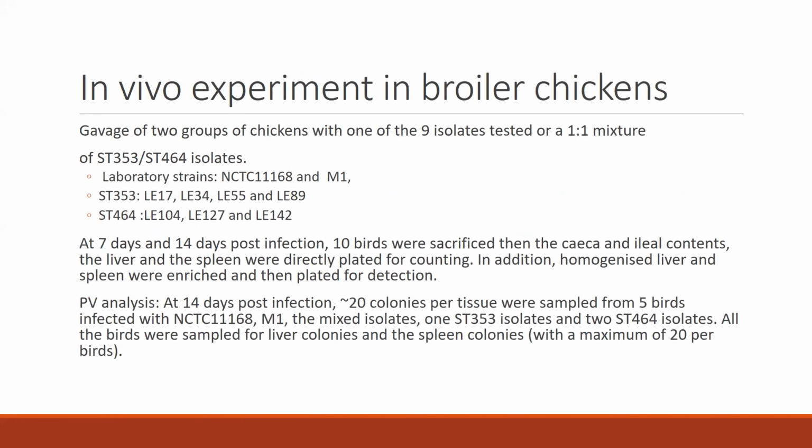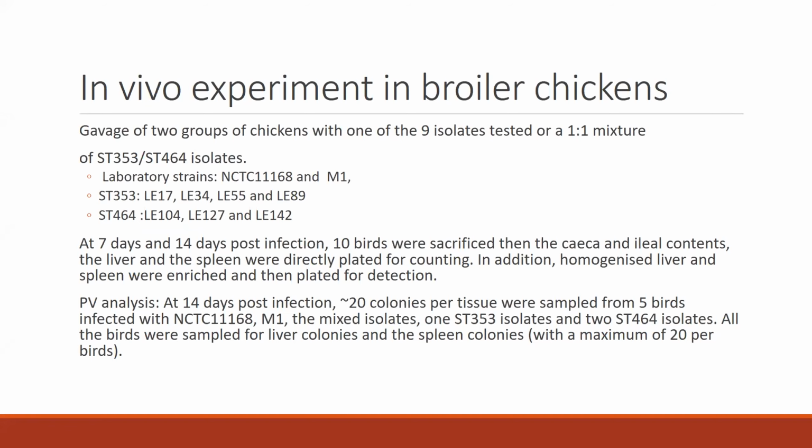For the in vivo experiment, we had groups of chickens infected with individual isolates and also a mixture of 353 and 464 isolates. As I said, we used the laboratory strains and some of the isolates from the two STs. After 7 days and 14 days post-infection, 10 birds were sacrificed and we quantified the presence of bacteria in the ceca, ileal content, the liver and the spleen.